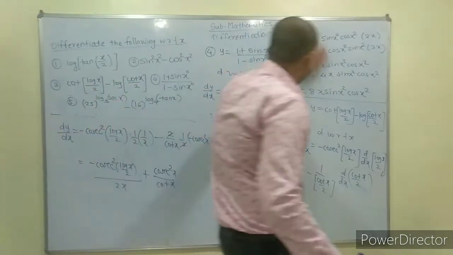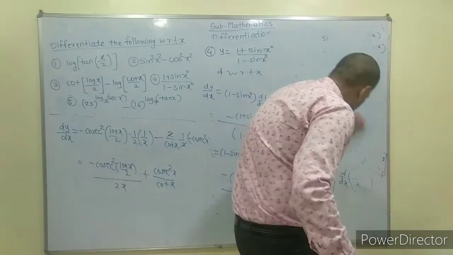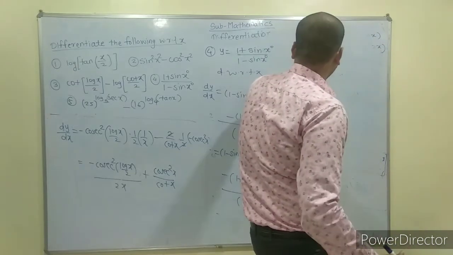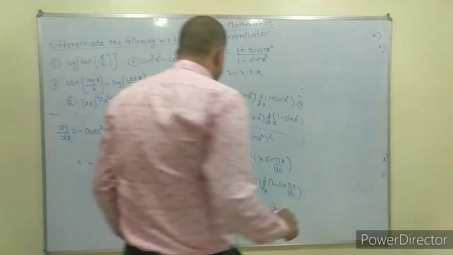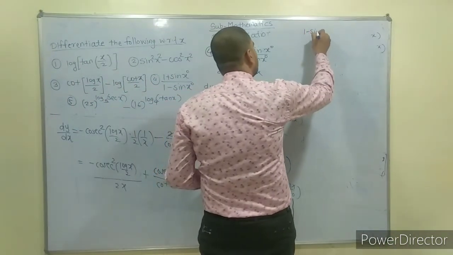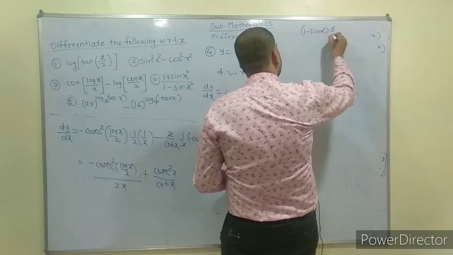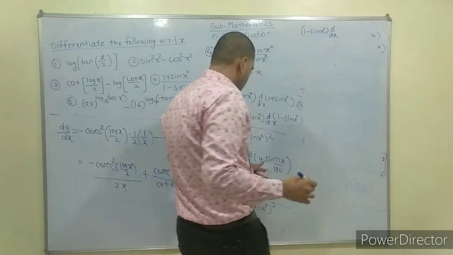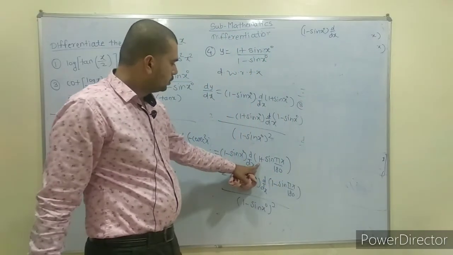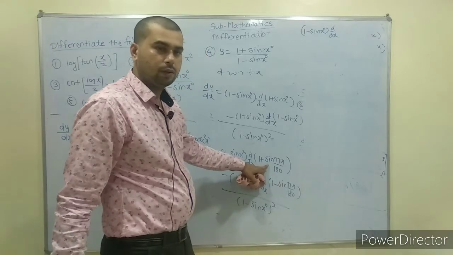Then 1 minus sin x degree into d by dx of this: derivative of 1 is 0, plus derivative of sine is cos.